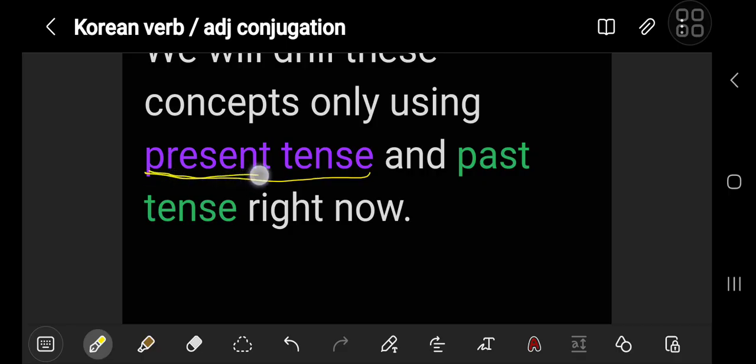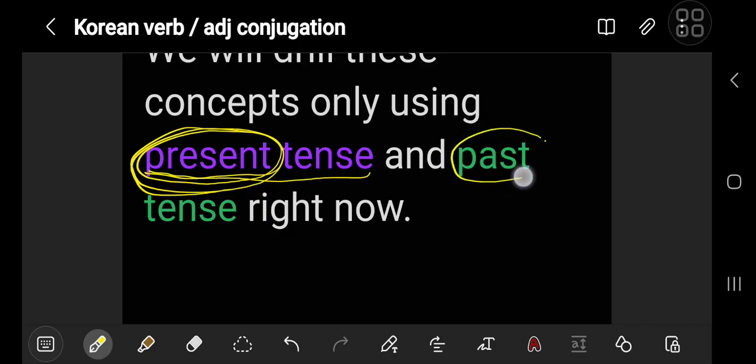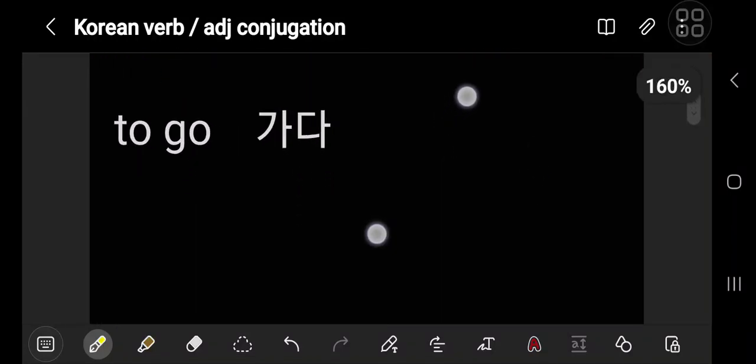When we change it from the base form to this present tense, it will help the person understand that something happens regularly or something is happening now. And we will also practice the past tense, showing the person who is listening or reading that the subject did something in the past. Okay, let's see what we can do.